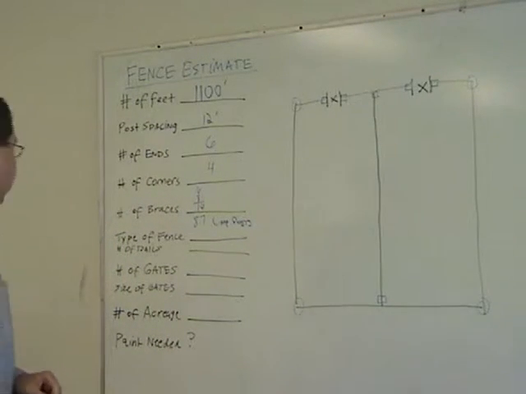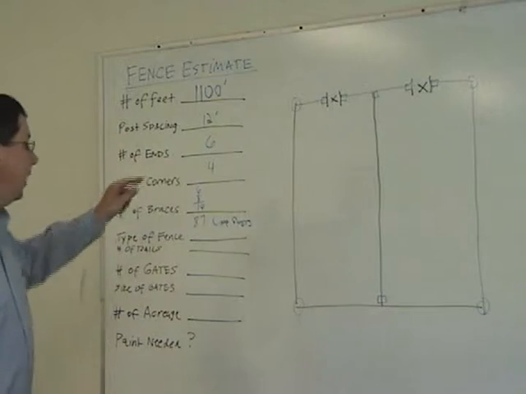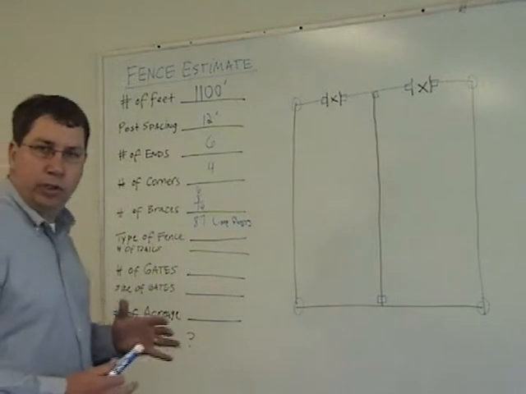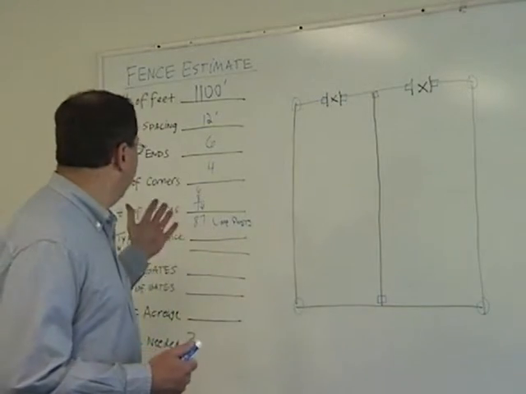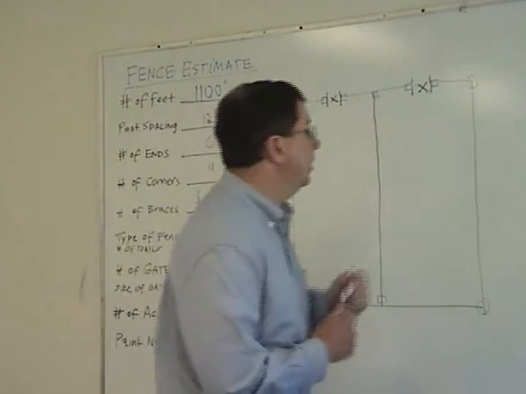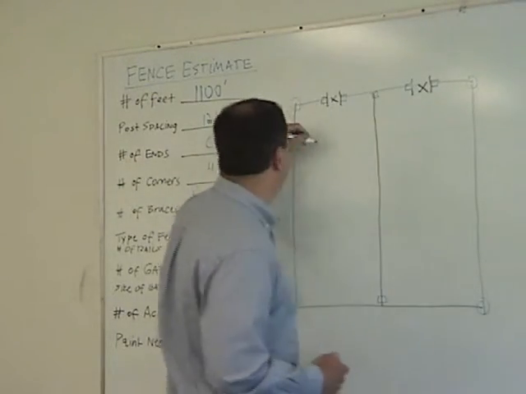Okay, now what we need to do is list out our posts so we know that we have 10 ends and corners. Our ends and corners are usually constructed of 6-inch or larger corner posts, so we've got 10 6x9 posts.